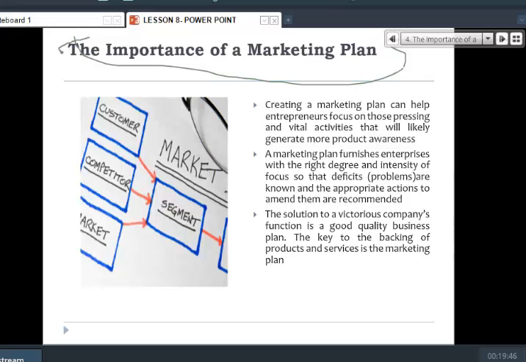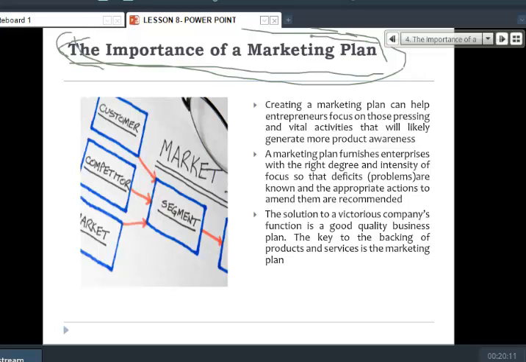When we write an essay question, you need to make sure that you write at least 5 or 6 or 7 lines, because it's an essay question and it carries not less than 10 marks. Let's have an example: the importance of marketing plan.